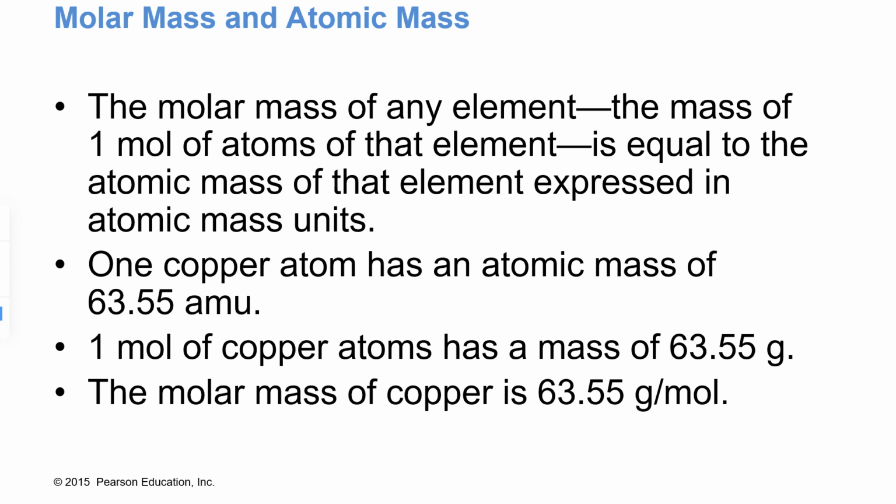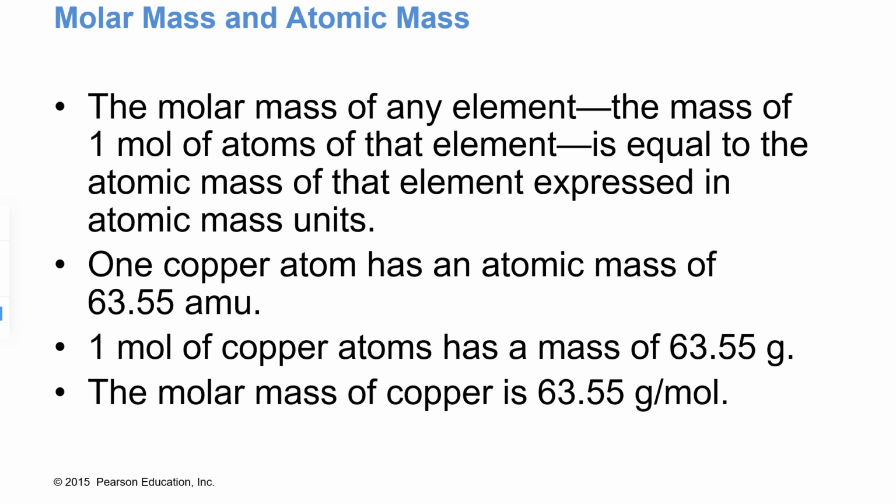The molar mass of any element, the mass of 1 mole of atoms of that element, is equal to the atomic mass of that element expressed in atomic mass units. 1 copper atom has an atomic mass of 63.55 AMU. If you look at your periodic table of elements and find copper, you can see that number, 63.55 rounded, is the atomic mass.